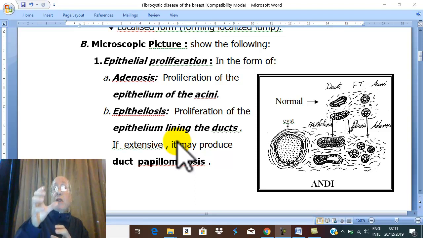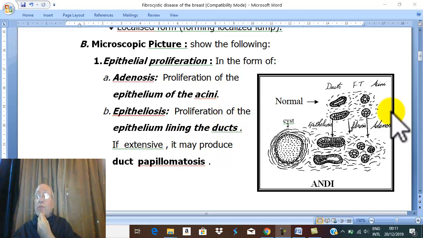If the hormone receptors are excessive in one lobule or one quadrant, it will affect this quadrant or lobule. If they are exaggerated in one area only, it will affect this localized area of the breast. The pathology is proliferation of the epithelial lining of the acini and an increased number of acini, which is called adenosis.